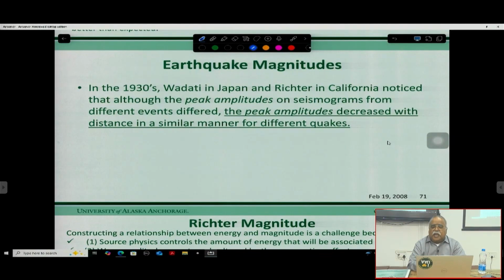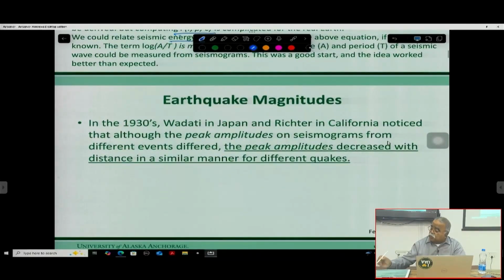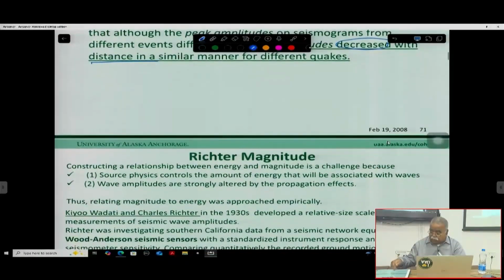They simultaneously worked on the peak amplitude. As I said, amplitude is the important factor. So they worked on the peak amplitude of the seismogram from different events and tried to compute the energy release. And they understood that the peak amplitude decreases with the distance from the location of the earthquake, right?